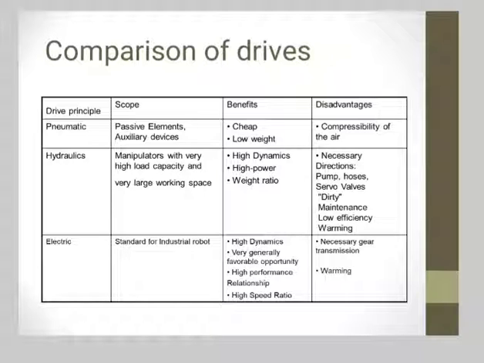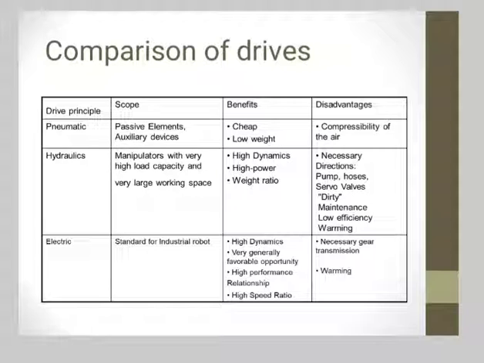A robot will require a drive system for moving its arm, wrist, and body, and a drive system is usually used to determine the capacity of the robot. For actuating the robot joint, the two most commonly used types of drive systems are electric and hydraulic.